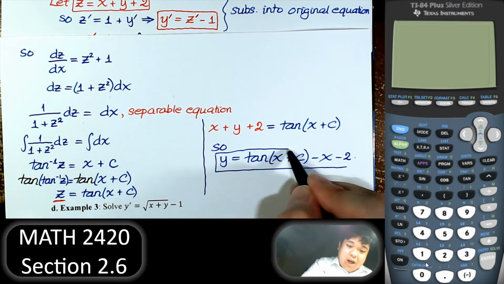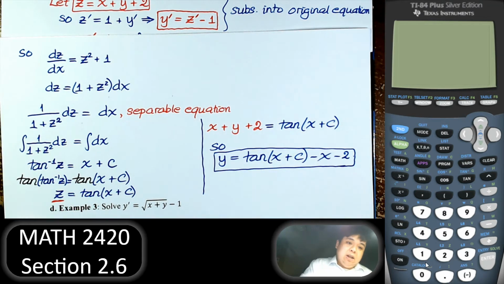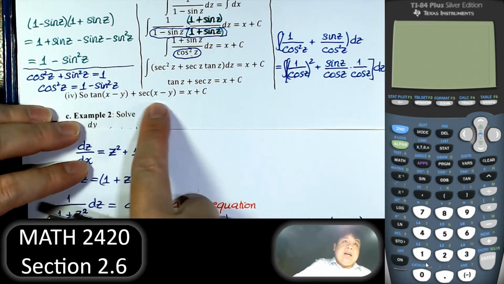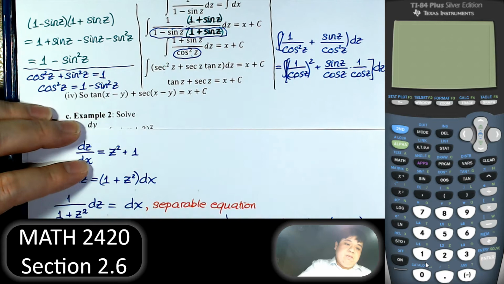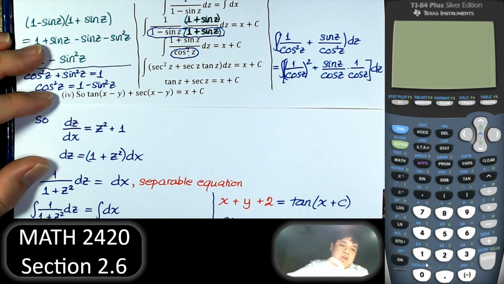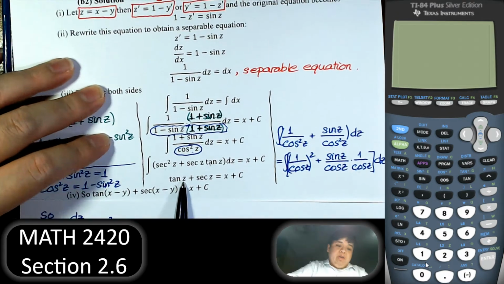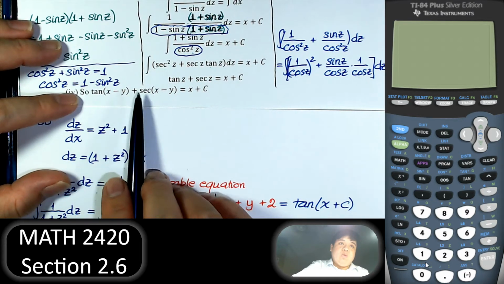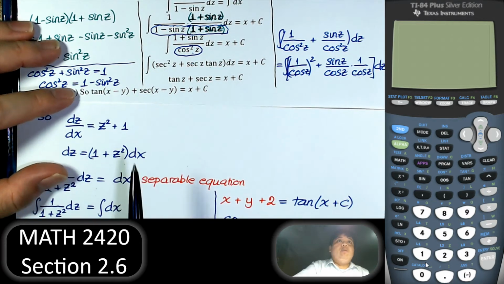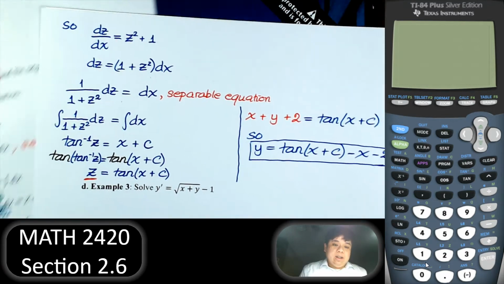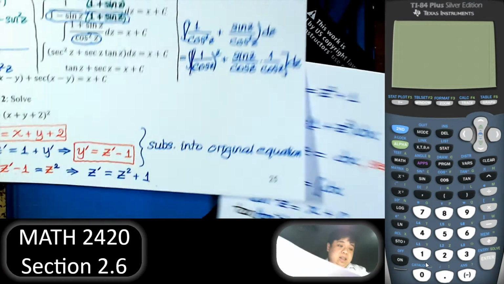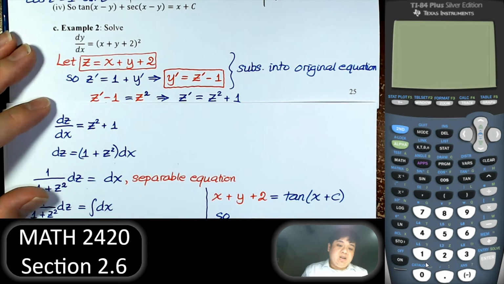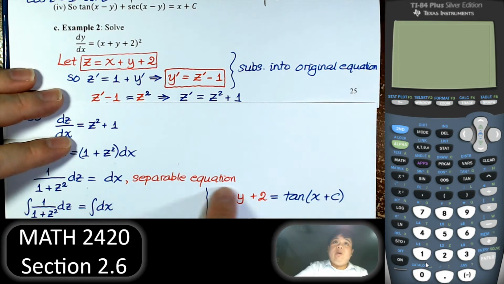If we cannot do that, we can stop and just write the equation in that form. Previously, in the previous example we have z equal to x minus y, so that at the end we put z equal to x minus y. And we just leave the answer in this form. We're not going to solve for y. In this case, it's easy enough to solve for y, so we do that. If not, we can just leave the equation in this form. That's perfectly fine.